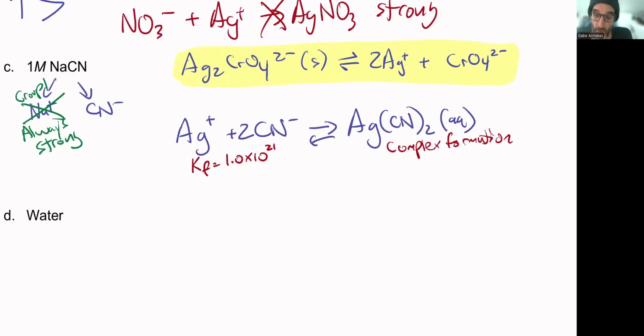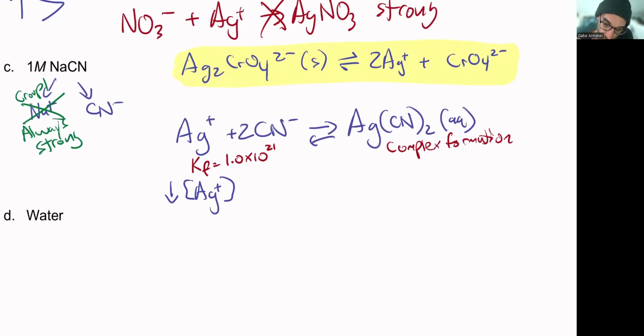So this will form. In essence, what this is doing to the equilibrium is the silver is getting gobbled up by the cyanide. Therefore, the concentration of silver in solution is decreasing. It doesn't matter that it's now silver cyanide, because it's no longer just the ion.